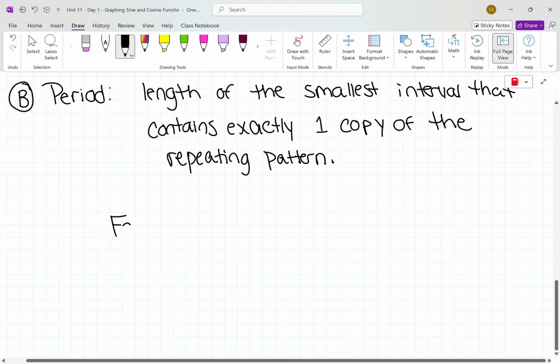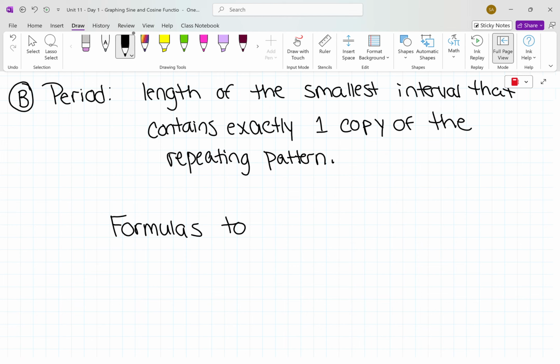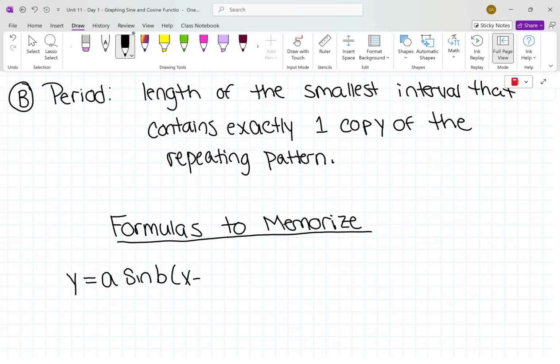Okay, now we're going to talk about formulas to memorize. So for a traditional sine curve, we're going to have y equals a times the sine of b times the quantity of x minus h plus k. For spacing purposes, are we going to have a tan graph?